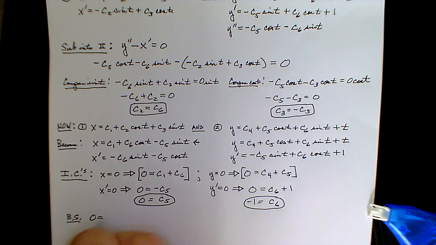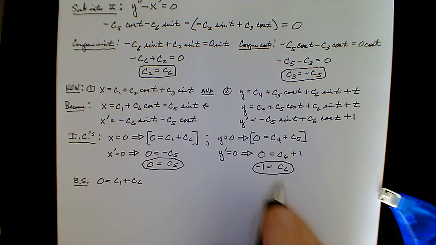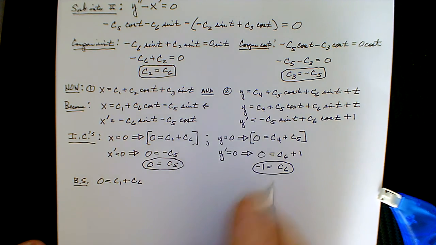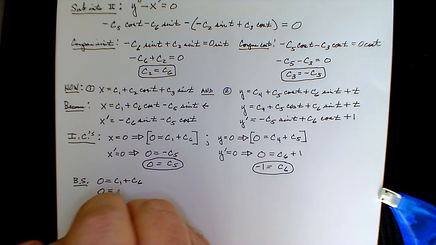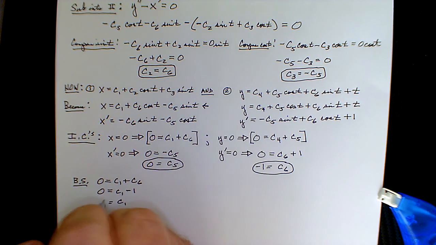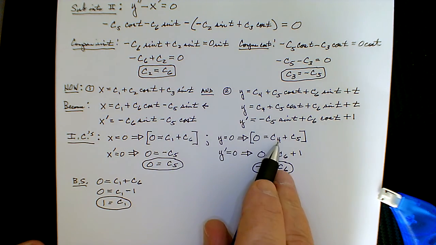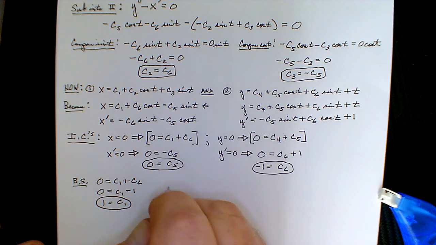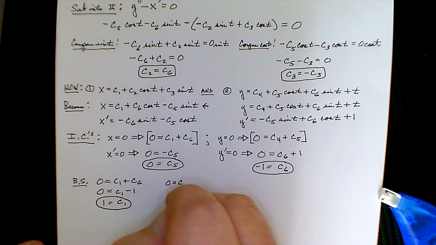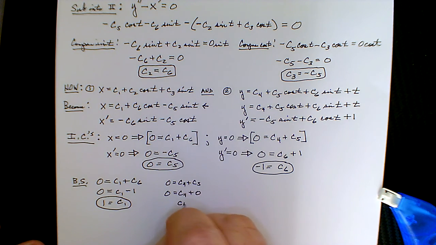We had 0 is C1 plus C6, but C6 was negative 1, so 0 equals C1 minus 1, so C1 is 1. Where else can we go? I guess we can go up here to the other bracketed equation. 0 equals C4 plus C5, but C5 is 0, so C4 is 0.